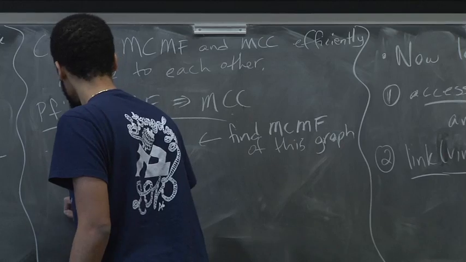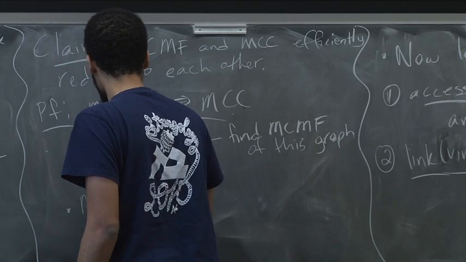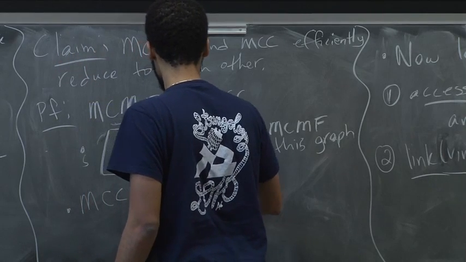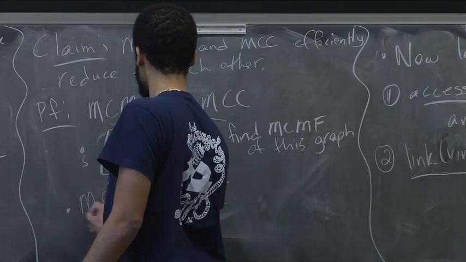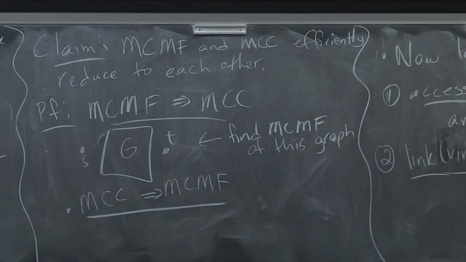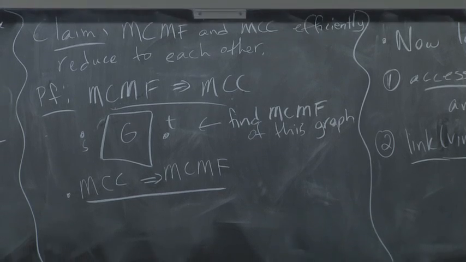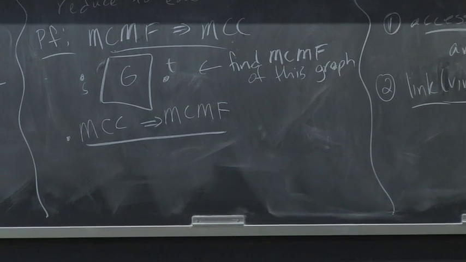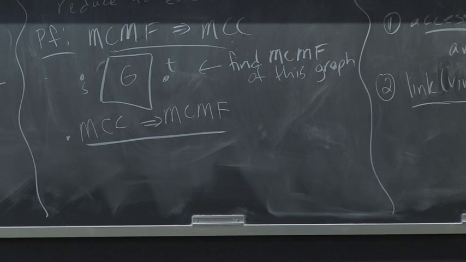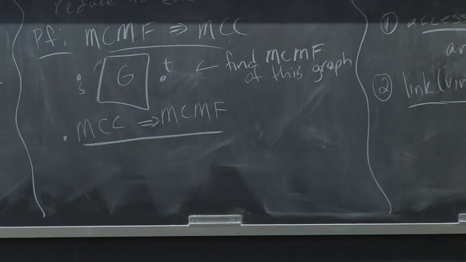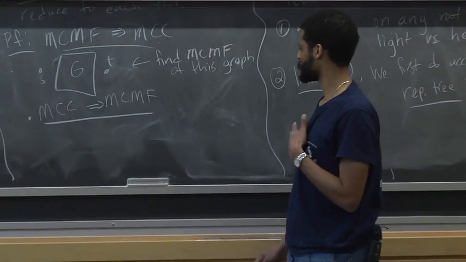Okay. How about this one? If I could solve min cost circulation, why does that mean I can solve min cost max flow? Just add an edge from T to S, and increase its capacity until you find the max flow capacity of the original graph.